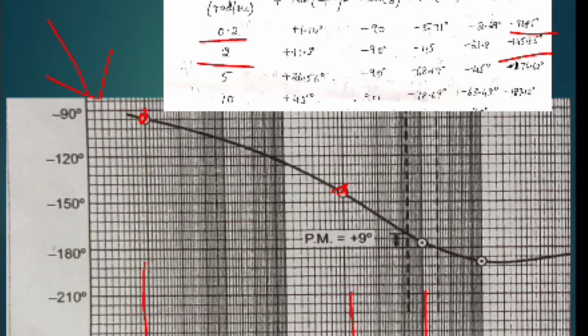At 5 it is minus 176.62, and at 10 we get the reading of minus 187.12. So now joining all of these points we get a curve in the phase plot.